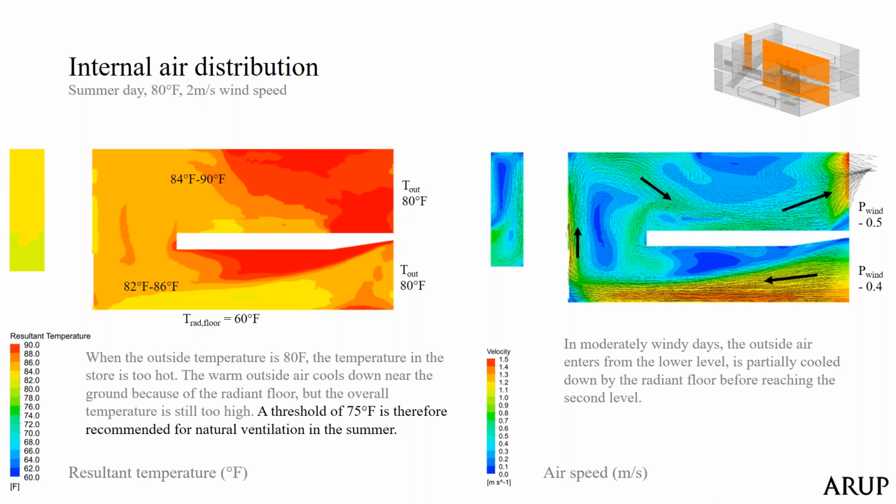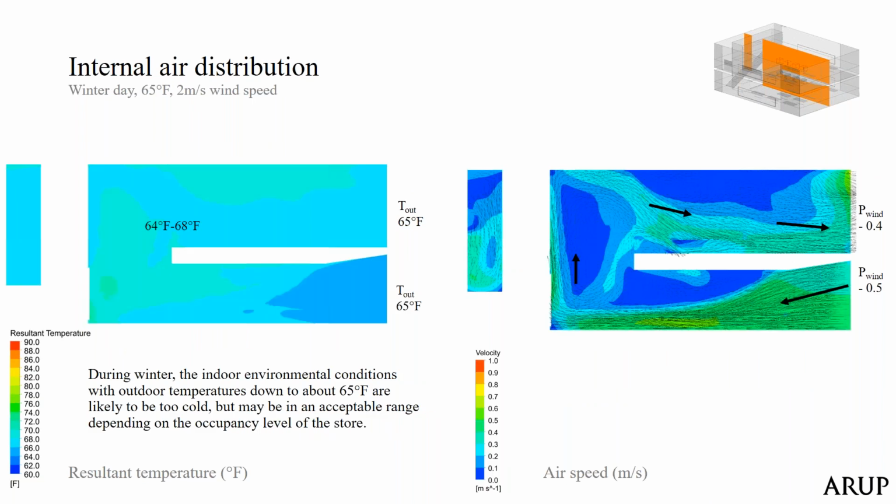On the right-hand side are the doors, and you can see the air coming in, passing through the floor and then reaching the outside. The conclusion is that at 83 that wouldn't work, at least as a preliminary study. We needed a lower band of acceptability.